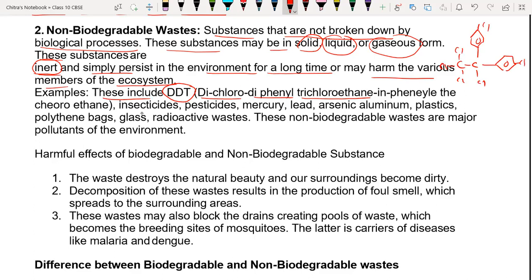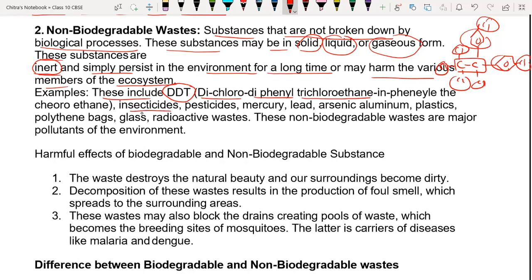So this is called DDT. Dichloro means 2 chloro, diphenyl means 2 phenyl, tetrachloro means 4 chlorine, and ethane means a 2 carbon chain. So it is dichloro diphenyl tetrachloroethane, called DDT.